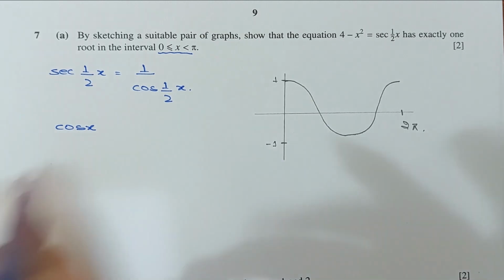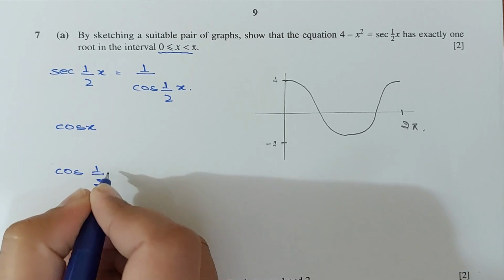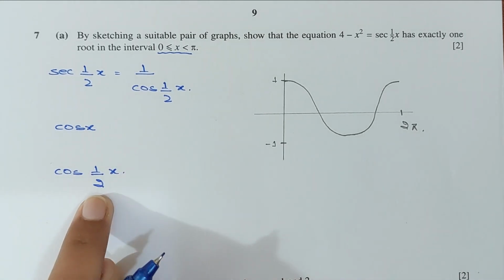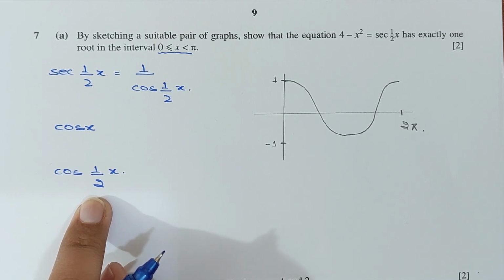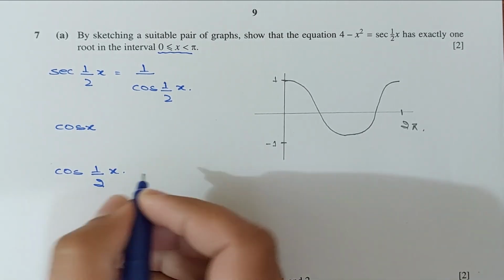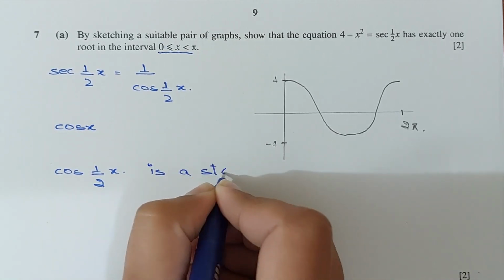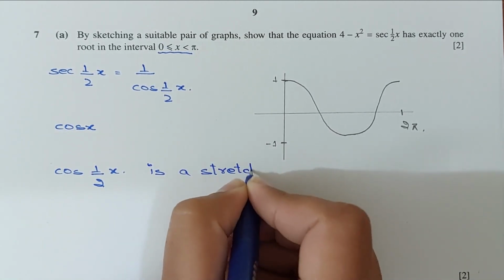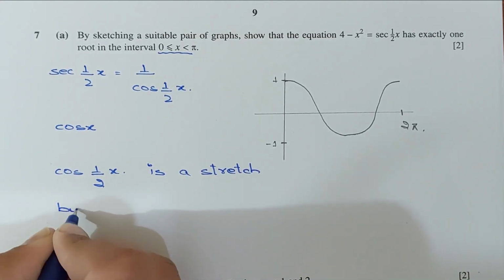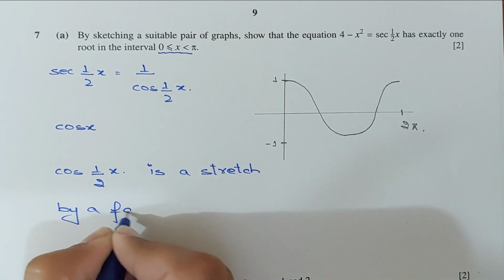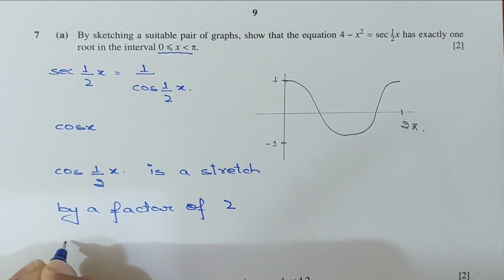Now what is cos half x? Cos half x is a stretch by a factor of the reciprocal of half, that is 2, in x direction.